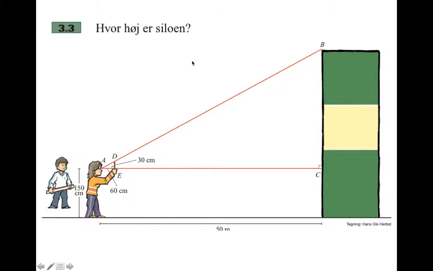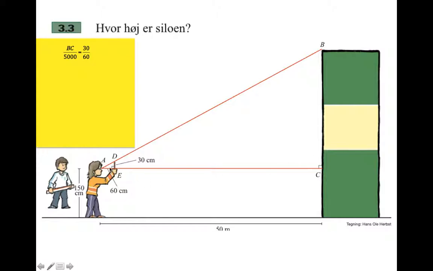Then it says, how tall or how high is the silo? Okay, so a bit of rough work here. First of all, BC divided by 5,000 equals 30 divided by 60. This is working out part of the height of the silo from similar triangles.